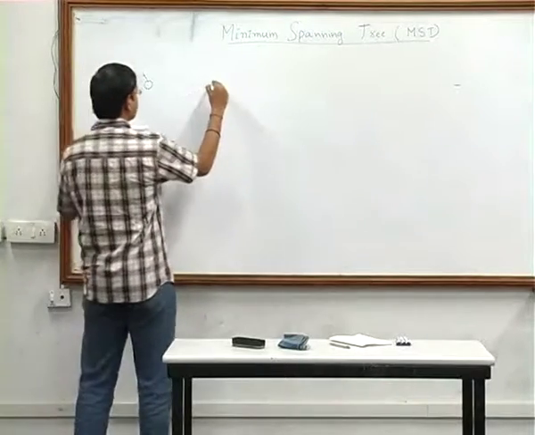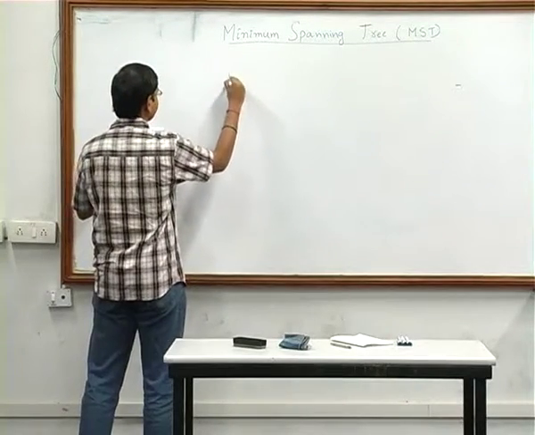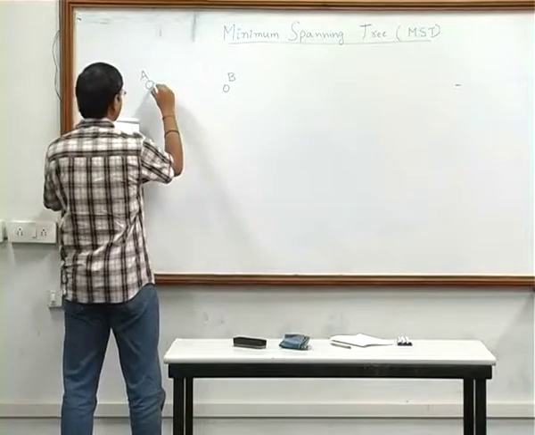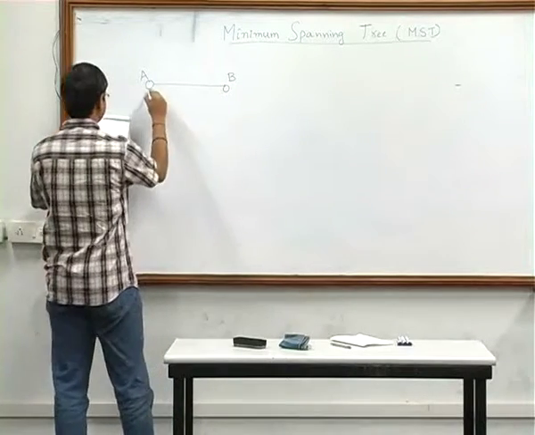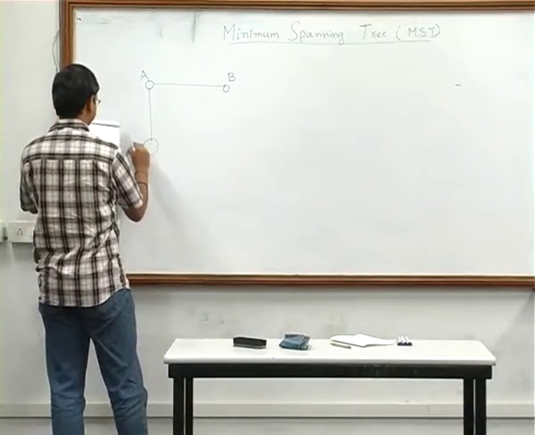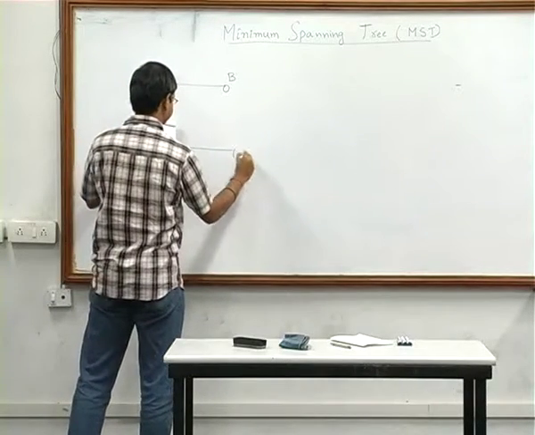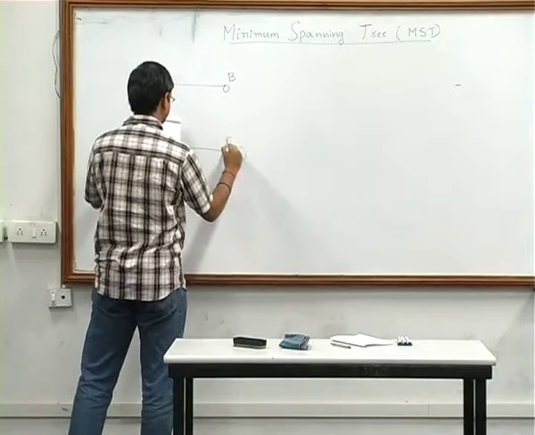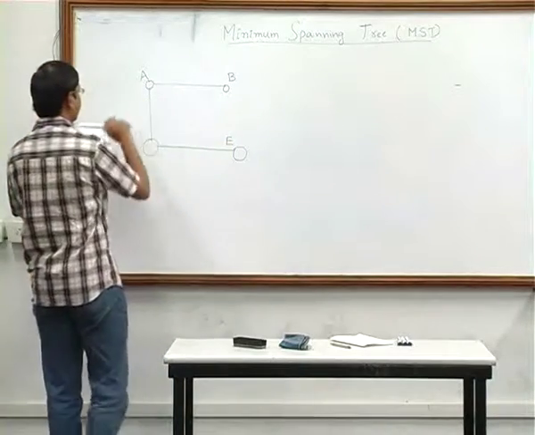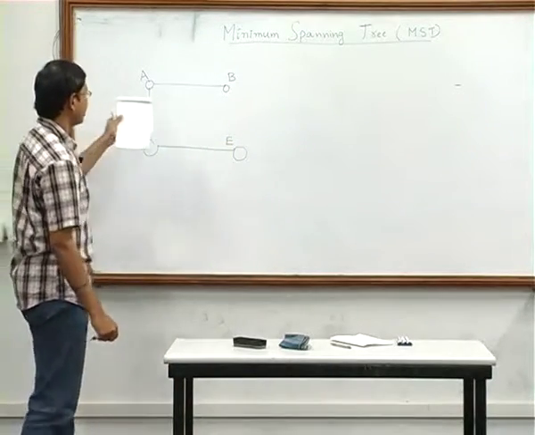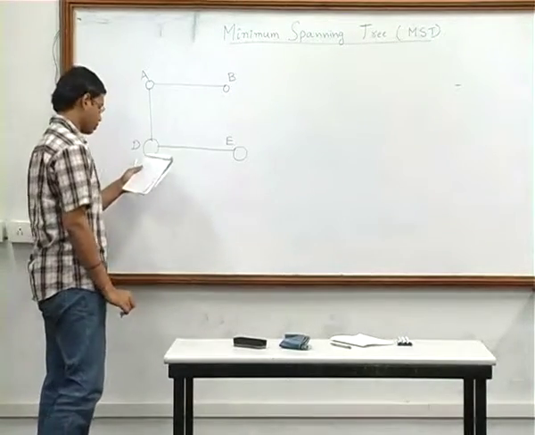Okay. So the vertices represent the cities and the edges represent the roads.